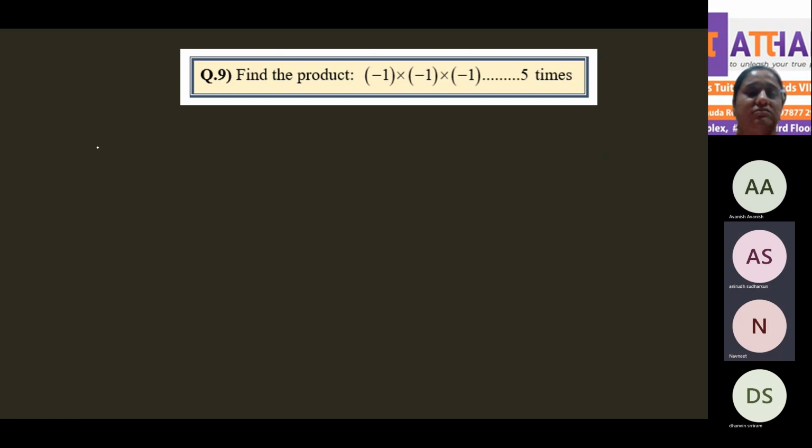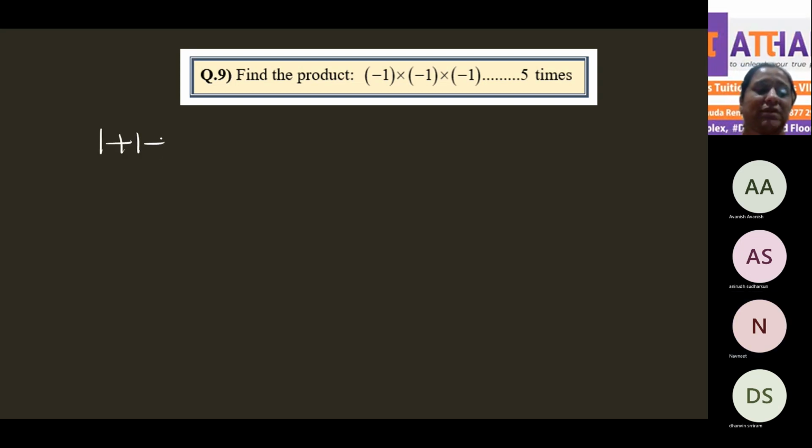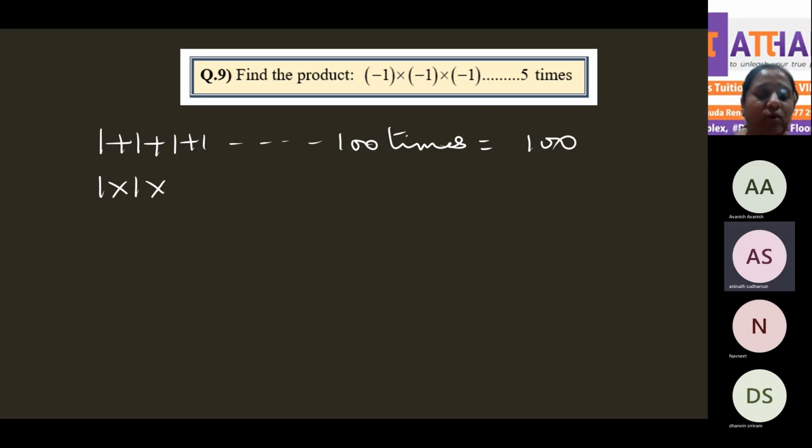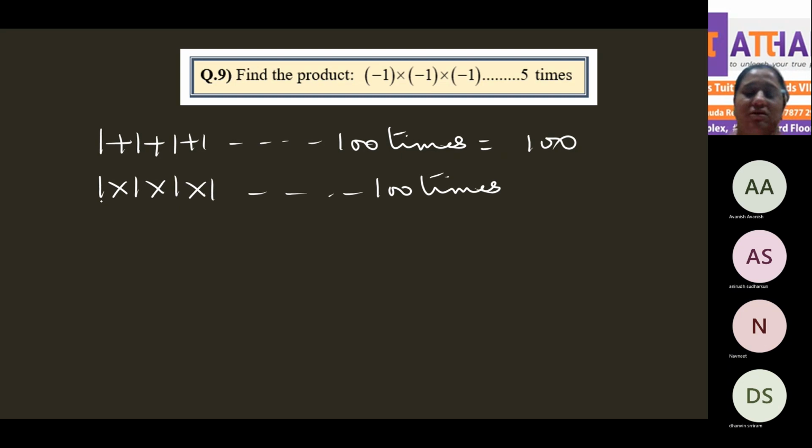That was not the question. It is not 1 plus 1 plus 1, 100 times. If you add 1 to itself 100 times, the answer is 100. But 1 into 1 into 1, you go on like this 100 times.